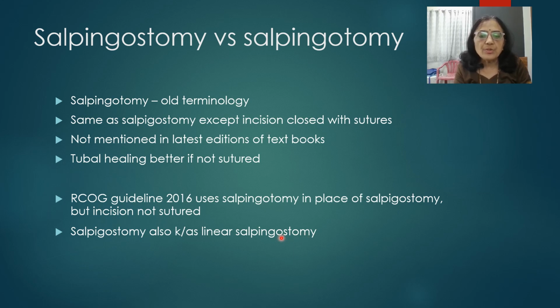There, salpingostomy is used as the name of the procedure, and I think that might be the reason why RCOG uses salpingotomy and not salpingostomy. But in the rest of the textbooks, Williams, Te Linde or Novak, everywhere the terminology used is salpingostomy, and I think we should keep on using salpingostomy over salpingotomy.